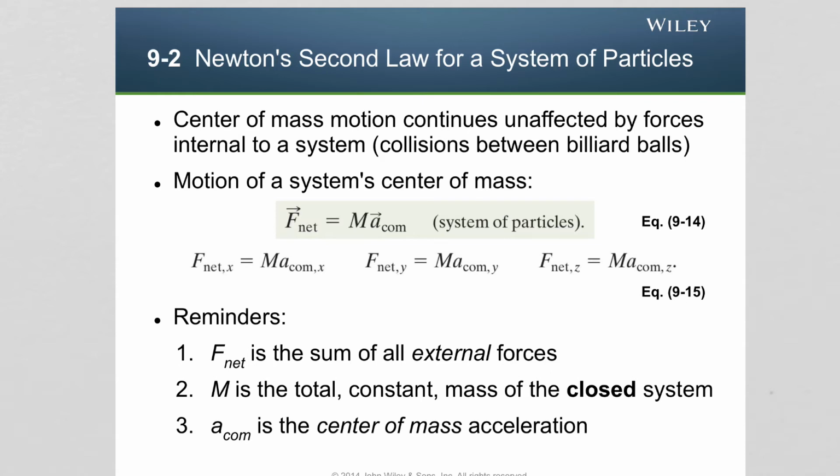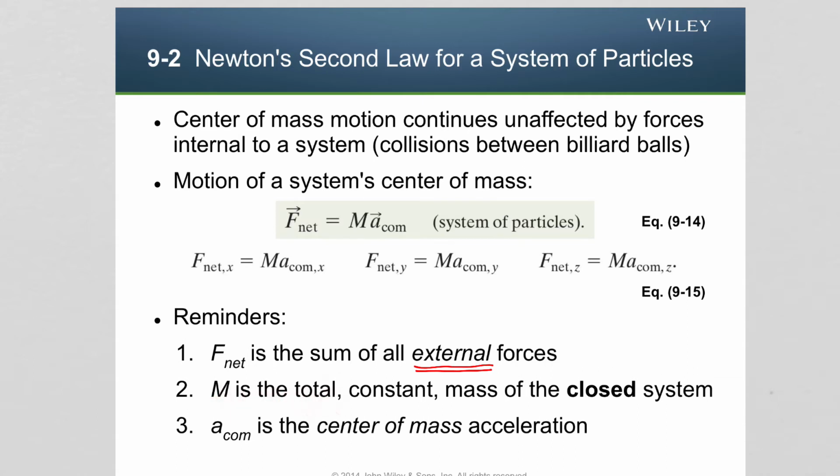Just as a reminder, F net is the sum of all external forces. So again, external forces, very important. The internal forces do not count. M is the total mass of the system.